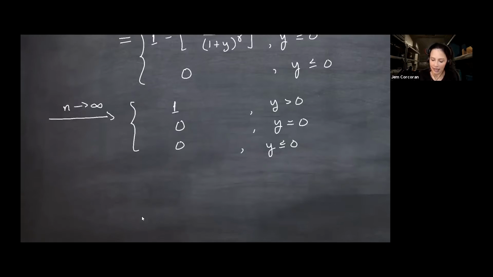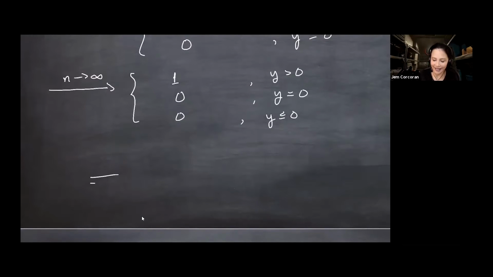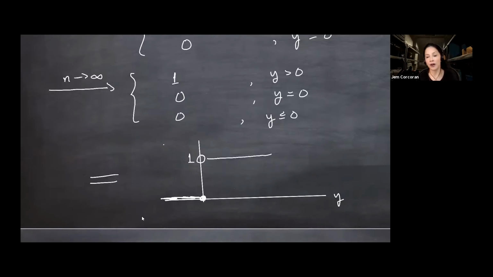This equals, this is a horrible equals. I'm going to graph this. That doesn't equal that. If I graph this result in y, then this is 0 all the way up to and including y equals 0, and then it jumps up to 1 at 0 with a hole there. And that is not a proper CDF. CDFs have to be right continuous so that they can be interpreted as the probability they are.